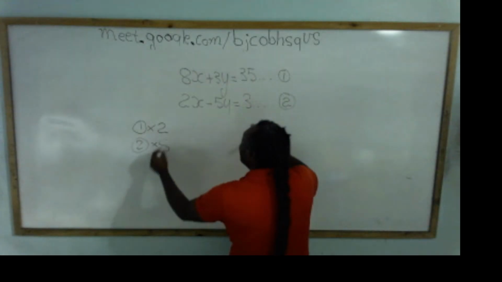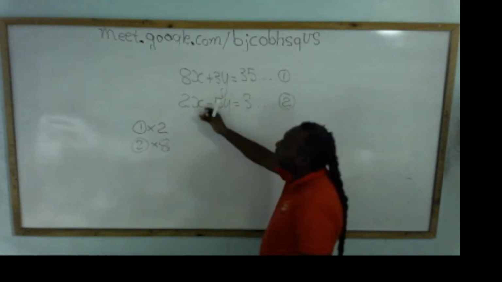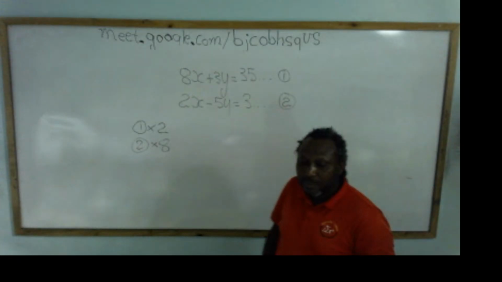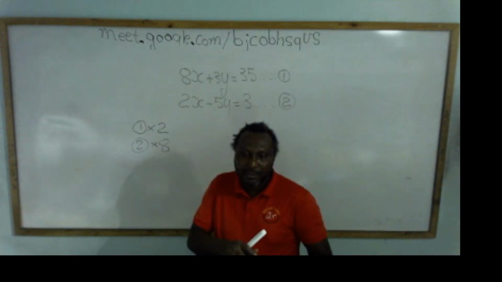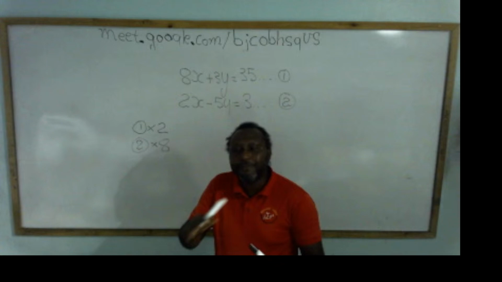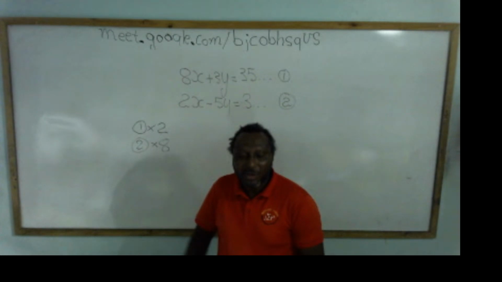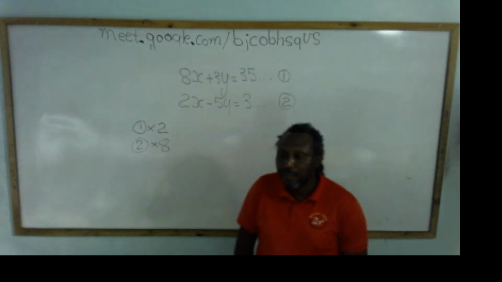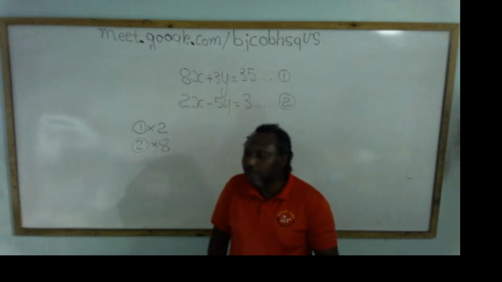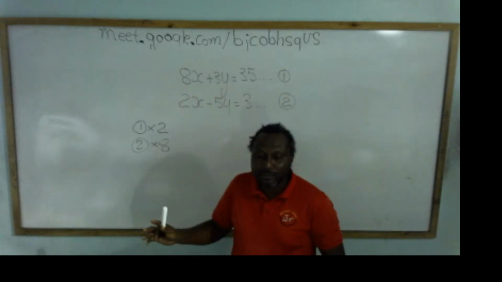And eventually, the x's will be in a state of readiness for elimination, because either they will be of the same value or they will be additive inverses. Now, solving a pair of simultaneous equations.